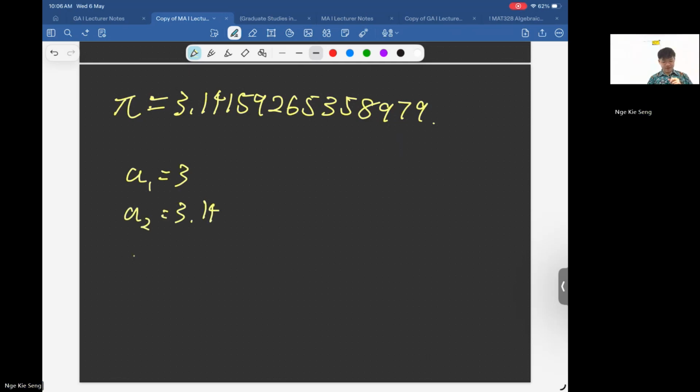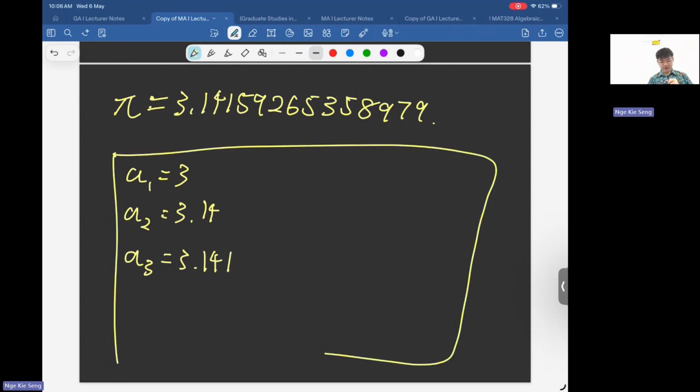So a sequence you can take here is 3.14, and then 3.141. You take this as your sequence. And then you ask, does it converge to some point inside the set? No, because you converge to the number pi.